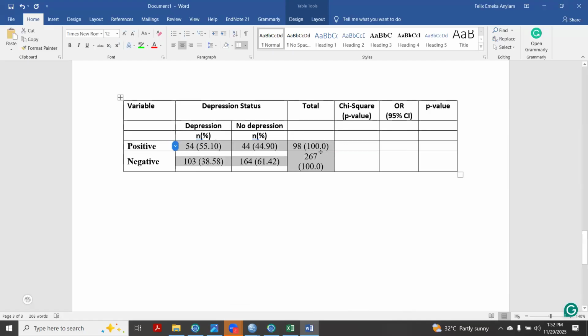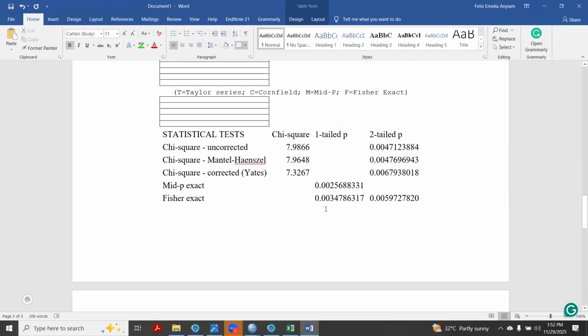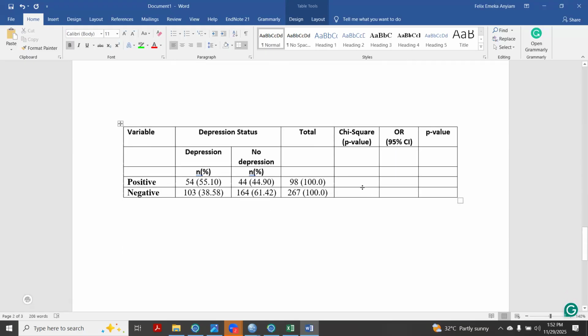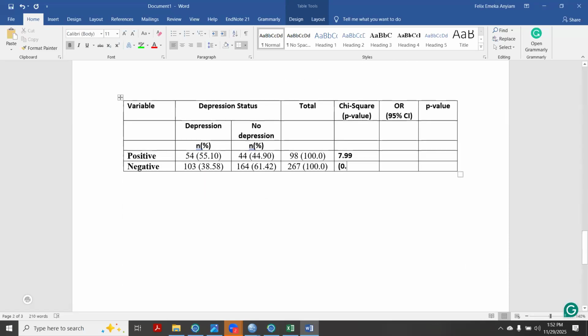So what is left for us now is we need our chi-square and our p-value. So I'll come here. My chi-square is 7.99. My p-value is 0.004.